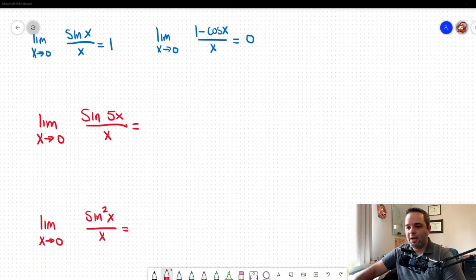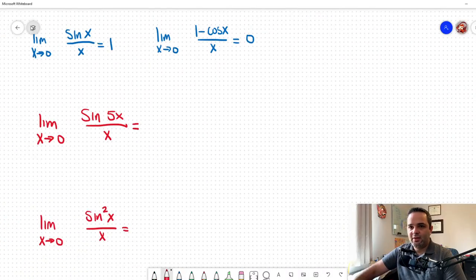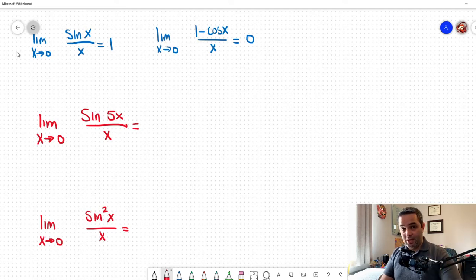Okay, so I'm now looking at these two limits that I put up at the top, which were given to you in your book. The way that these were determined was by using the squeeze theorem, but you can also determine those limits numerically and graphically.